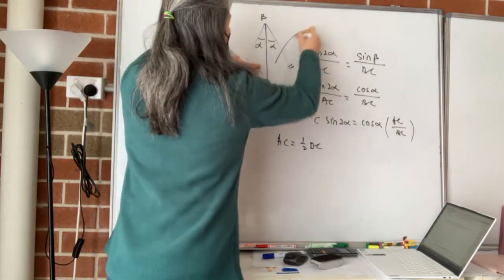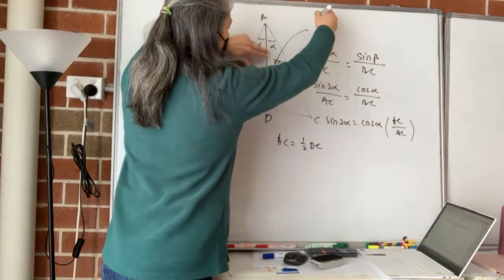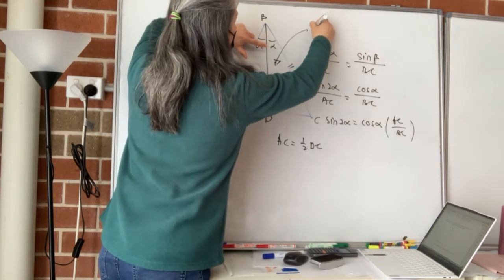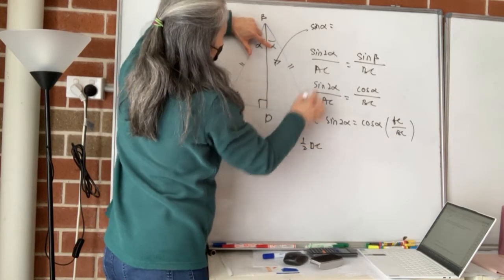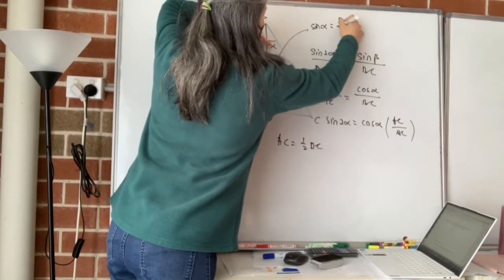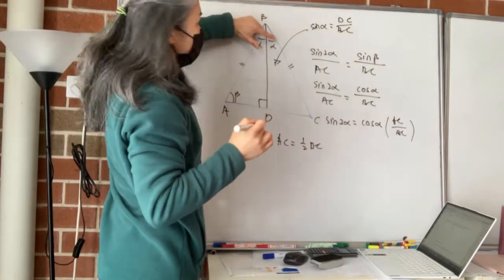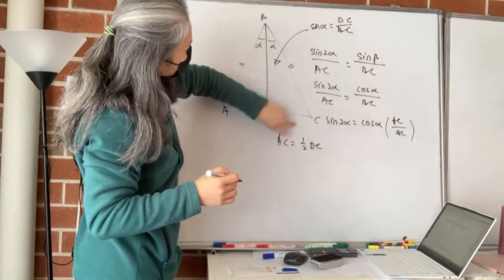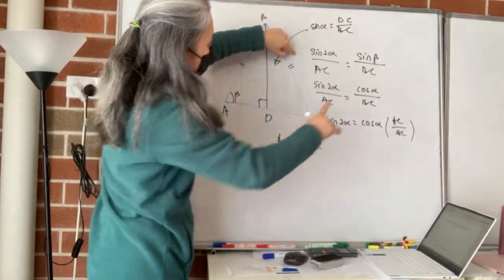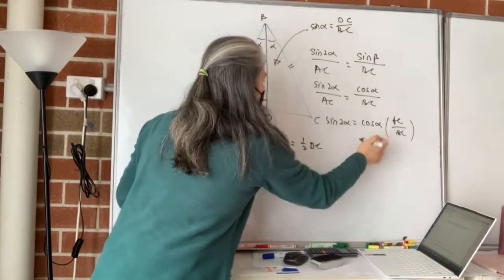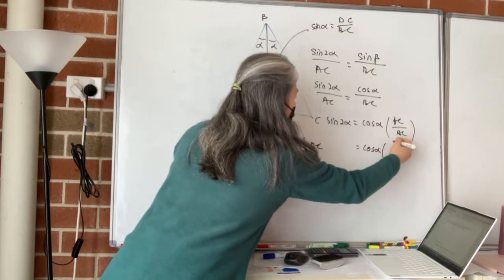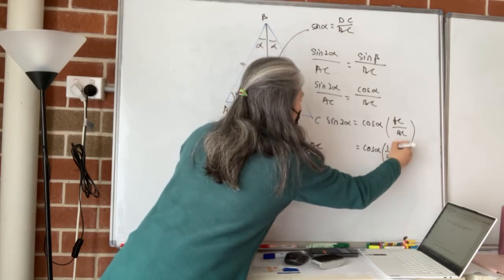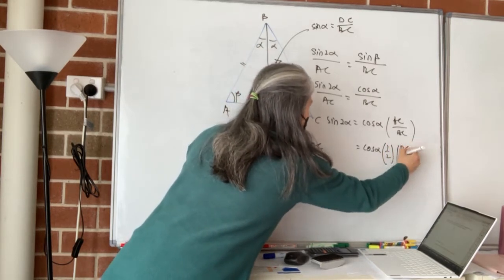Okay, I'm looking at this triangle. So if I do sine alpha from here, it is equal to DC over BC, right? Sine is equal to opposite over hypotenuse. And therefore, from this statement, I can write it as cos alpha and AC equal to a half of DC on BC.